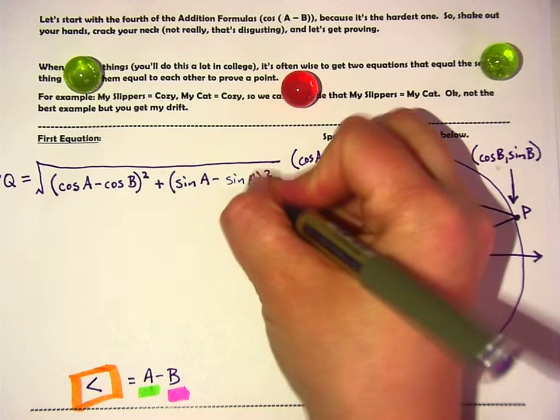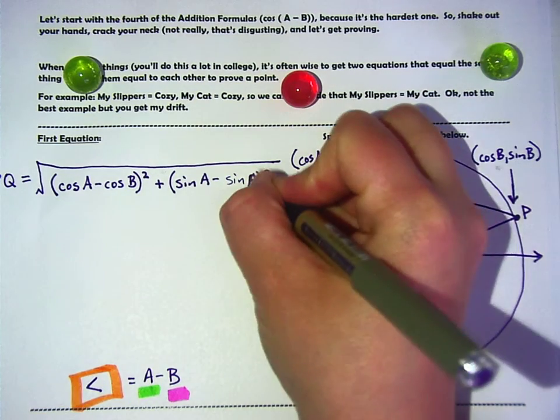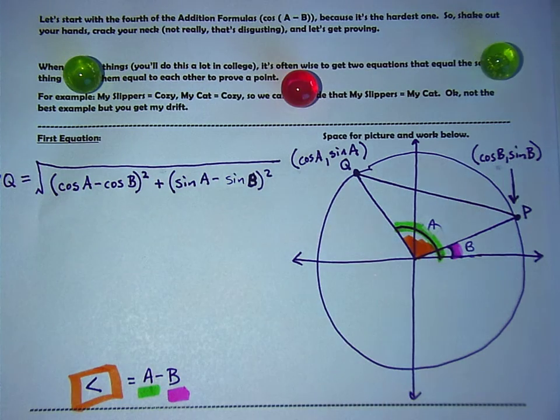Oops, I put two sine A's, this should be sine B. Sine A, sine B.